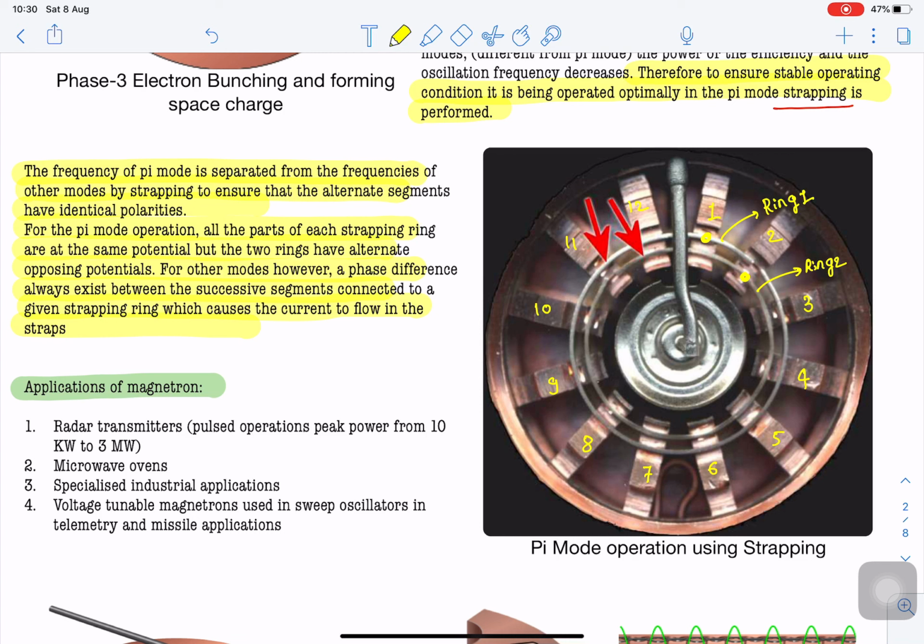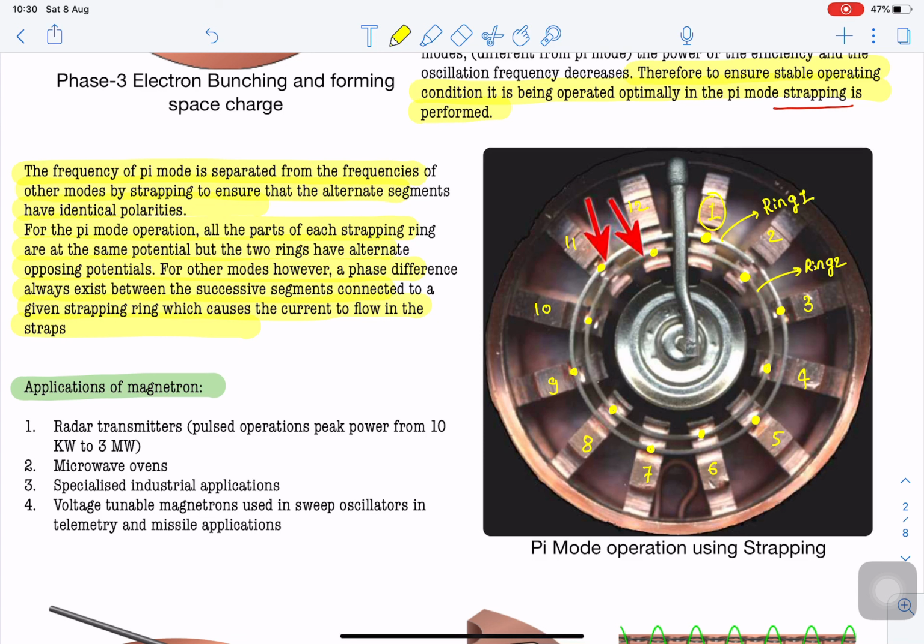If you observe, cavity number 1 is short circuited over here, cavity number 2 is short circuited at the second ring. Similarly cavity number 3 gets short circuited with the first ring, cavity number 4 at the second ring, then 5th at the first, 6th at the second, 7th again at the first, 8 to the second ring, 9 to the first ring, 10 to the second, 11 to the first, and 12 again to the second ring.